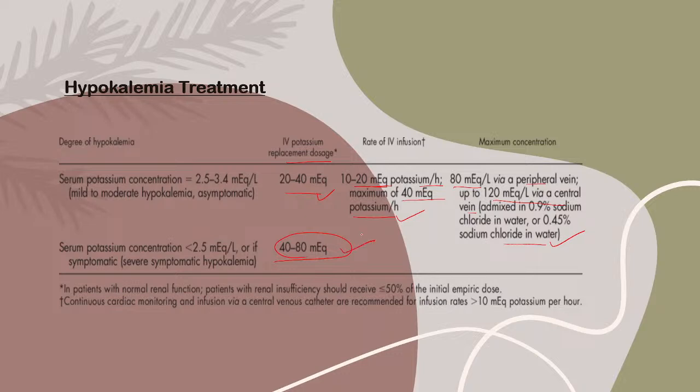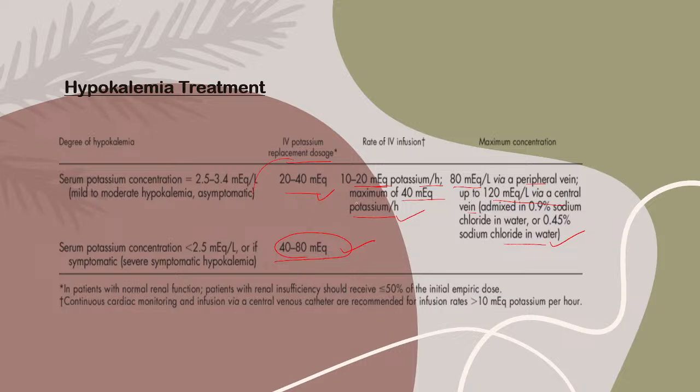All right, this correction is in patients with normal renal function, but this one is in patients with renal insufficiency. If the patient has renal insufficiency, the patient may already have anuria and decreased urine output, and may already have a risk of potassium retention. So in that case we will give a very slow correction, 10 to 20 milliequivalents, and this is the maximum.